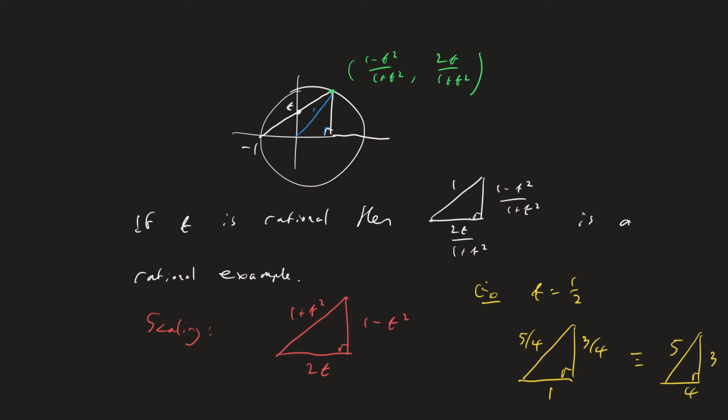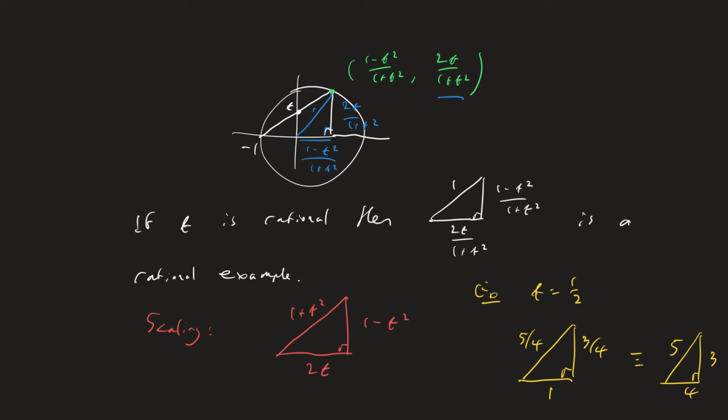This right angle triangle has got height given by 2t/(1 plus t squared), and the base length is (1 minus t squared)/(1 plus t squared). We therefore have a right angle triangle, all sides of which have got a rational length. We have therefore found a rational example.